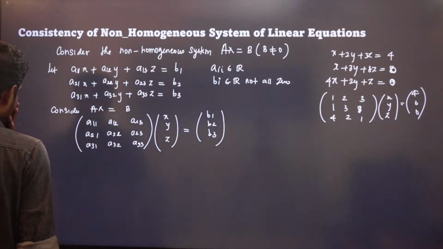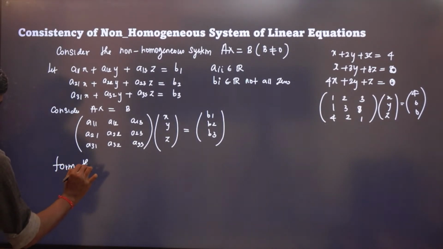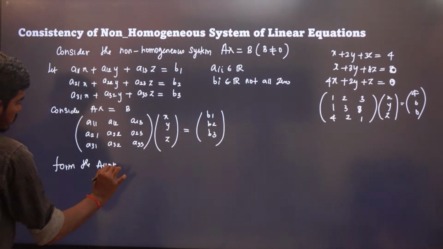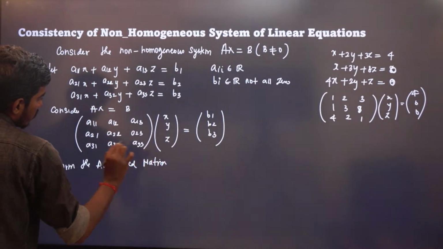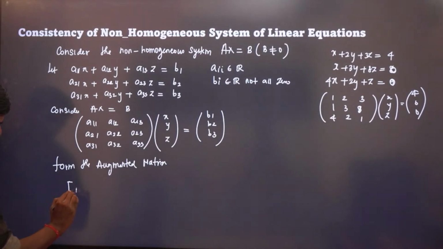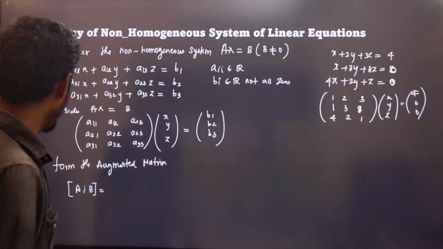Now, form the augmented matrix. So you have to augment A and B. What is A? A is your coefficient matrix. What is B? B is the output vector.